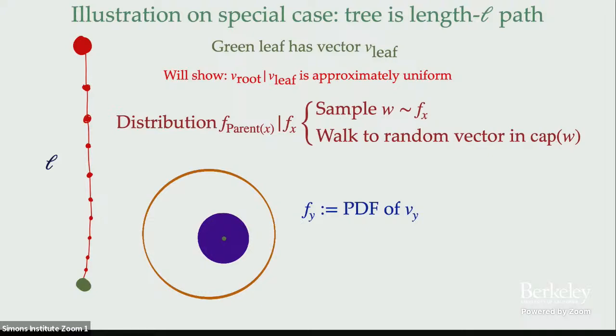It's like in the most degenerate case where Fx is just a point mass here on the green vertex, then its parent will be a uniform distribution over the sphere cap around it. And more generally, you can always do this for every point in the support.